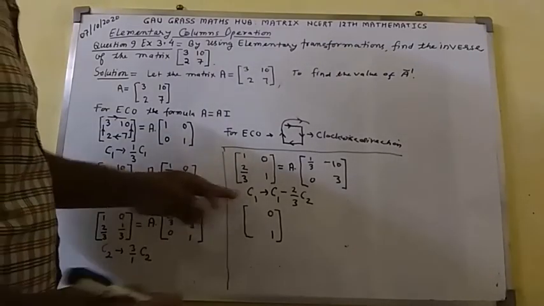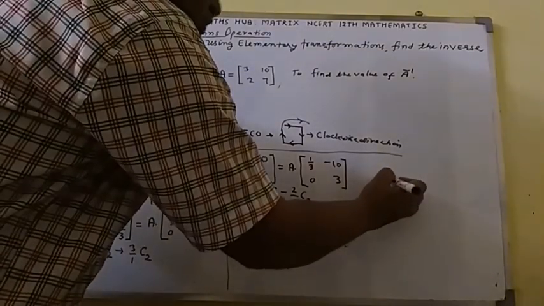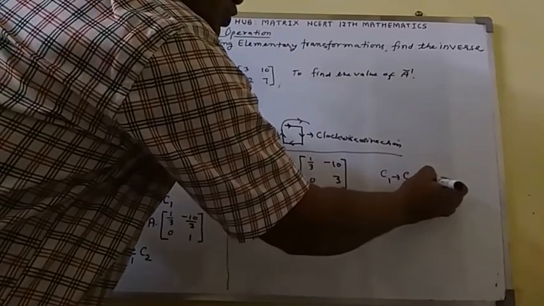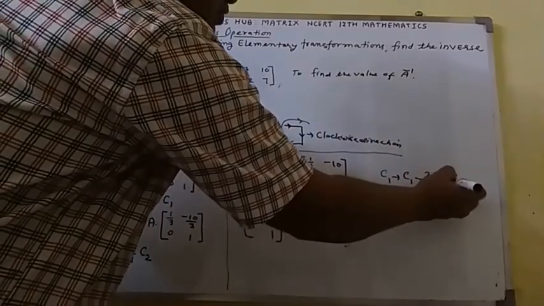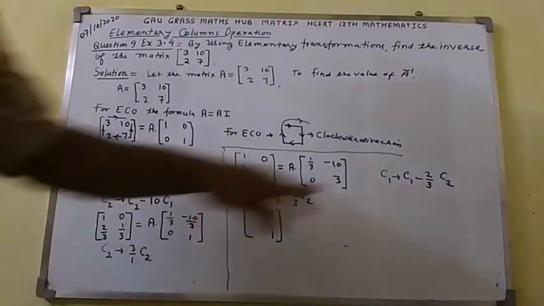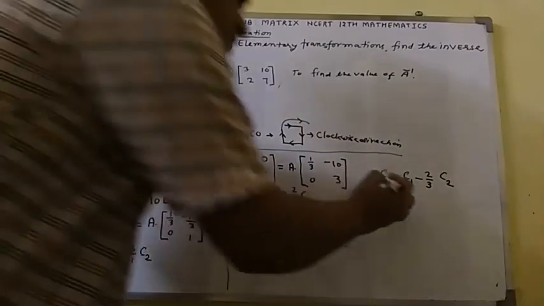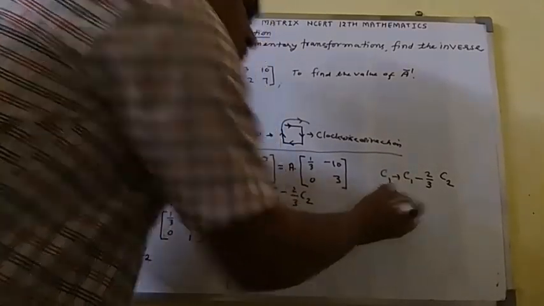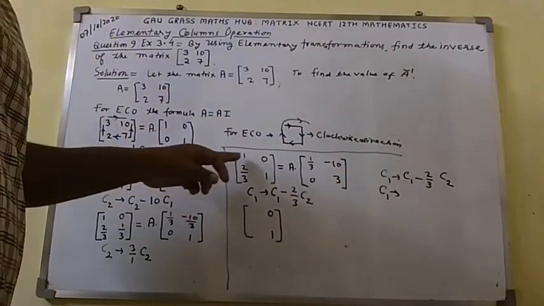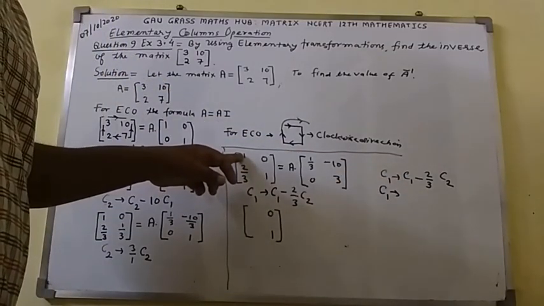So here you can see, locate this one. C1 goes to C1 minus 2/3 C2. The value of C1 you will take first of all here, write C1 goes to the value of C1. First element take here.